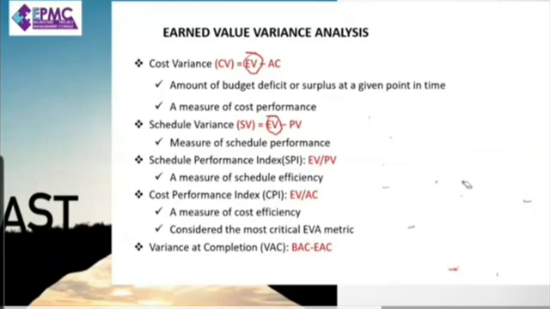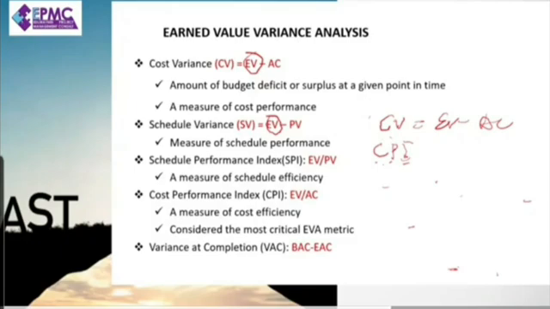Now, if I come to index, index is like a ratio. So I shouldn't have a problem if I know how to work out the CV. Coming to the CPI, which is cost performance index, it tells us about your level of efficiency when it comes to your cost performance.